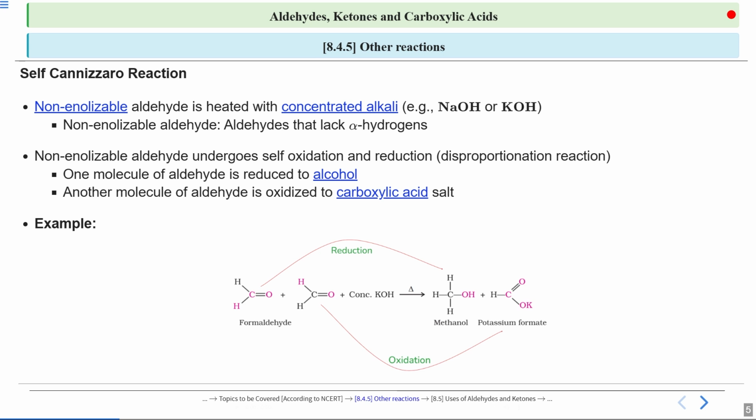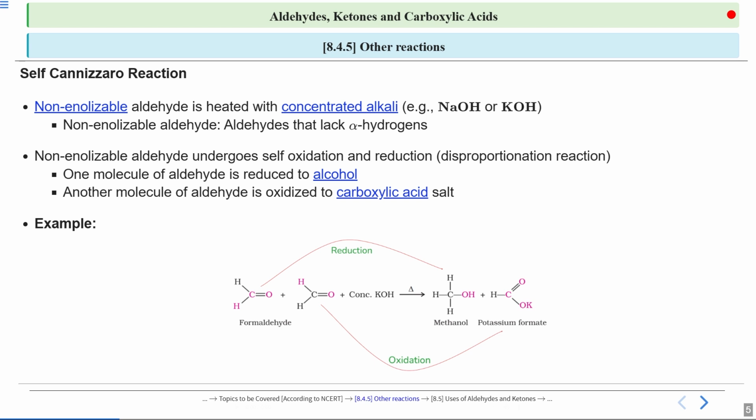Now what is happening in this reaction? One molecule of formaldehyde is reduced to methanol, which is an alcohol, whereas another molecule of formaldehyde is oxidized to give a carboxylic acid salt, which is potassium formate.